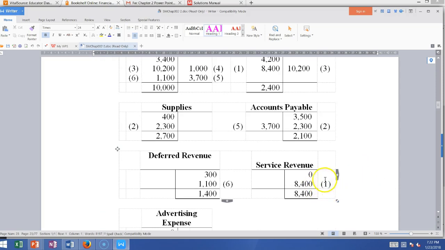And do you see I have a 1 here? Put a credit amount in service revenue. We're posting that journal entry to the accounts it relates to. Accounts receivable gets debited for this transaction. Service revenue gets credited. Got it? Make sure you put a 1 because that helps identify why you put that number there.